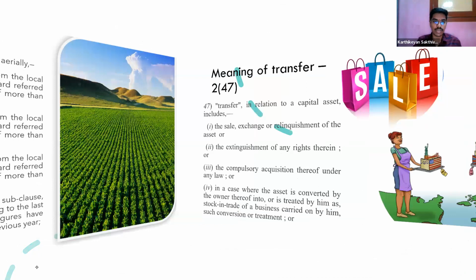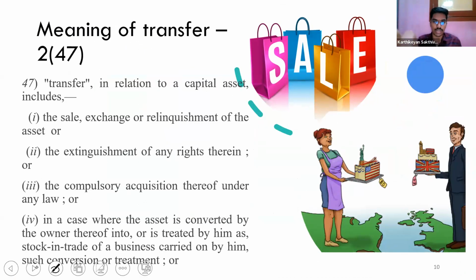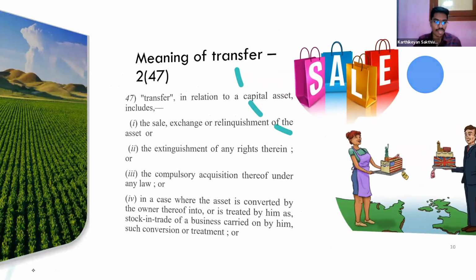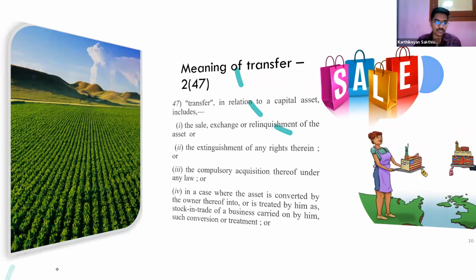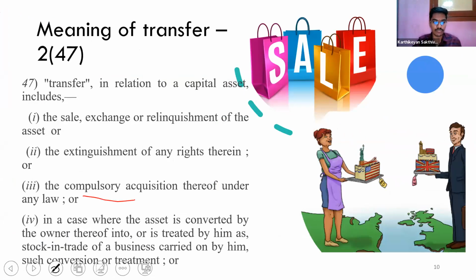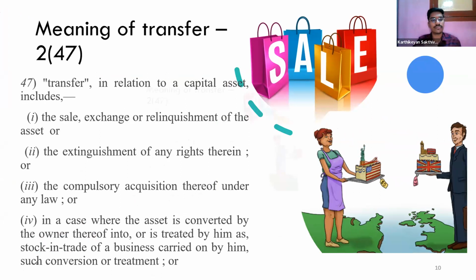Next, what is the meaning of the term transfer. As per section 2 clause 47, in relation to a capital asset, it will include sale, exchange, relinquishment of an asset, extinguishment of any rights therein, compulsory acquisition by law, and where the asset is converted by the owner into stock in trade, that is conversion of a capital asset into stock in trade.